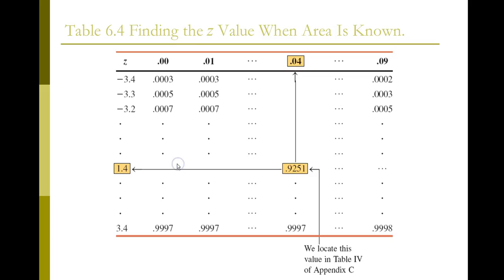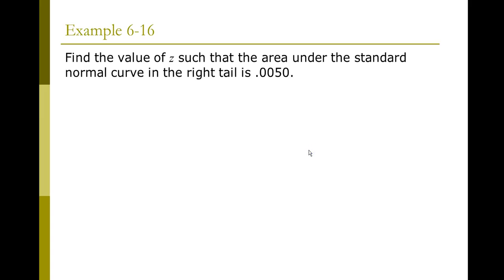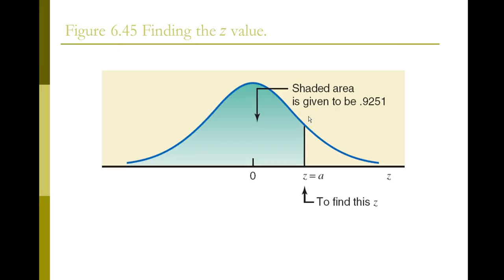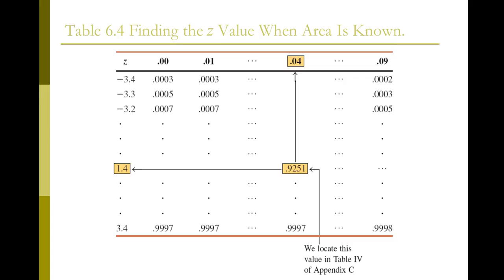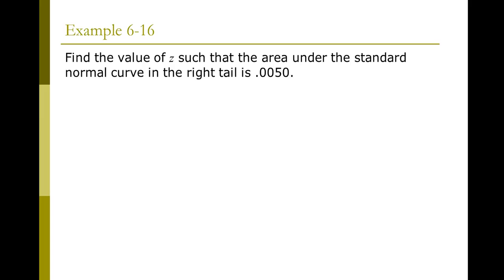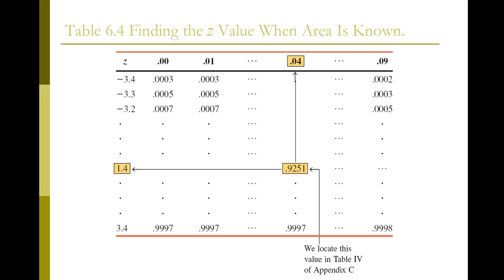So we look at the table and we look for somewhere in the table 0.9251. We see that it's here. That means the z-value is 1.44. So that's the answer. They don't write the answer out, but that's the answer.